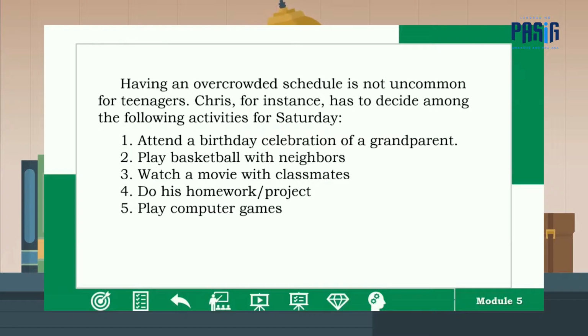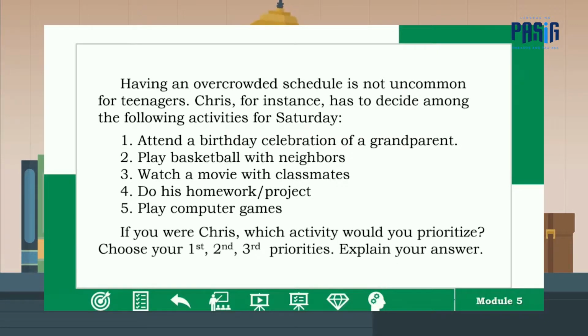Number 2, play basketball with neighbors. 3, watch a movie with classmates. 4, do his homework or project. 5, play computer games. If you were Chris, which activity would you prioritize? Choose your first, second, and third priorities and explain your answer. You may write your insight in your reflection notebook.